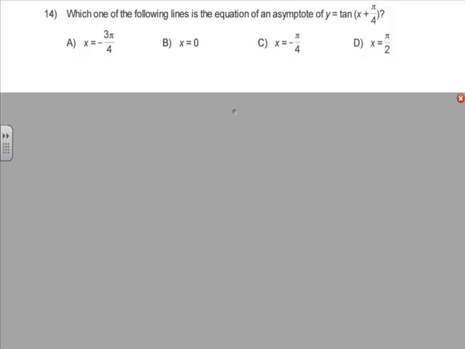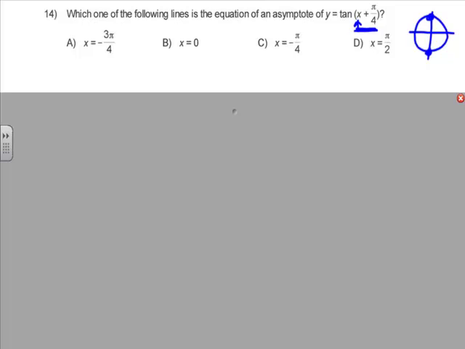I'm not going to spend too much time going to the calc here, because you can do that on your own. But really what the question is, and this one has a little phase shift going on, is what value, if I put it in here and add it to pi over 4, is going to get me into trouble in tangent? And if you recall, tangent being sine over cosine gets in trouble whenever cosine is 0, which would be happening here and here.